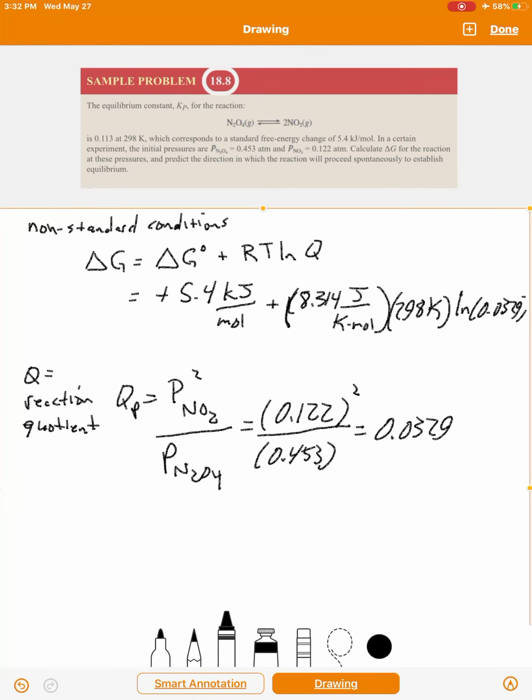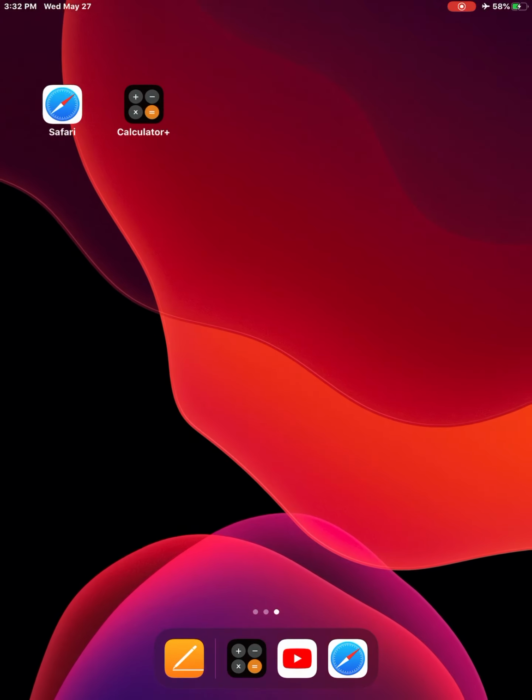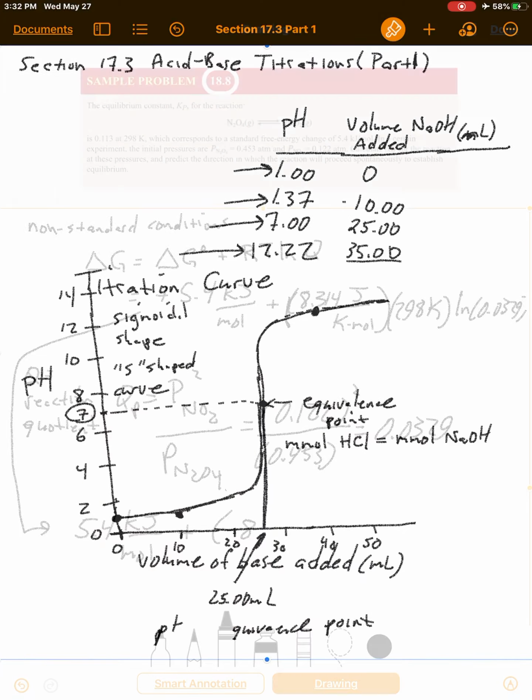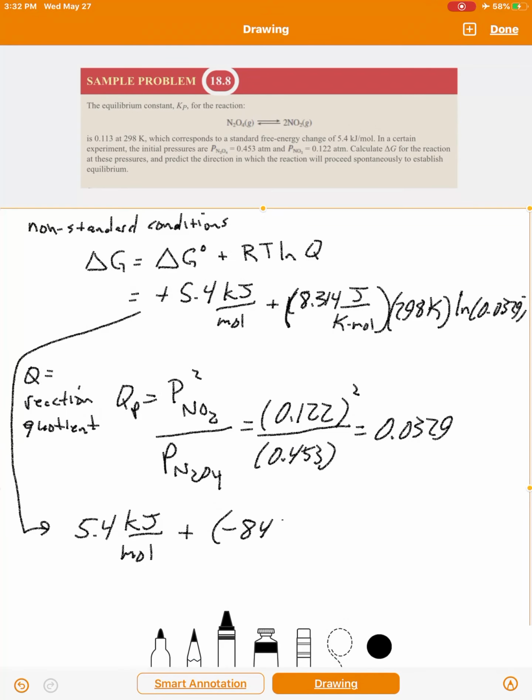Now here's the issue. Was it 8362 or 8462? 8462. And what were the units? Joules per mole, right?